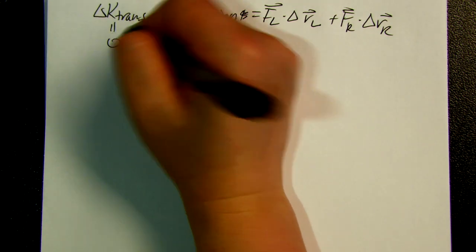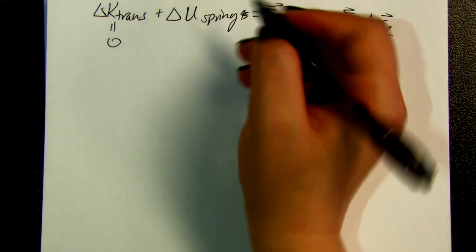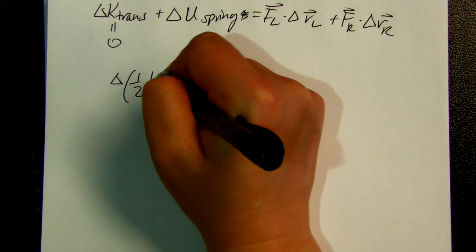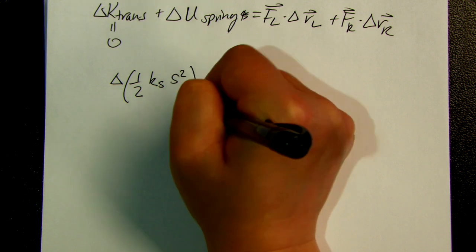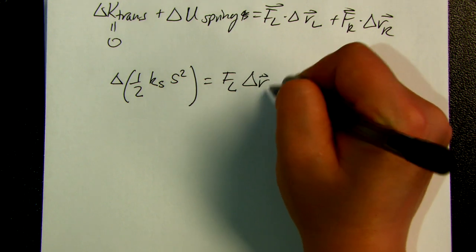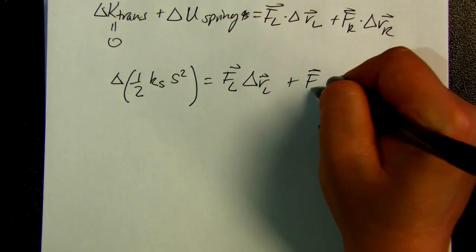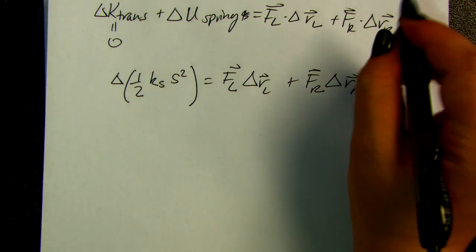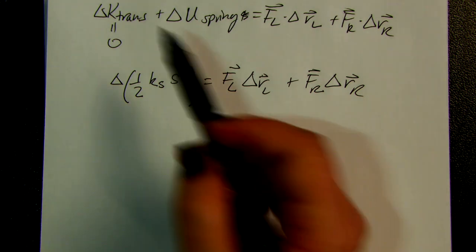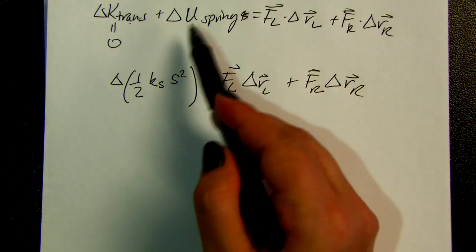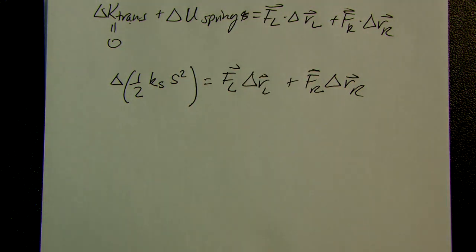We know this is 0, so we would have delta 1/2 k s squared for the spring is equal to the force from the left hand over the left side displacement plus the force from the right hand times the displacement to the right. So what we can see from here is the point particle model gave us that this was 0, no change in kinetic energy, and the extended model gave us all of this. Again, both were needed to fully analyze this object.